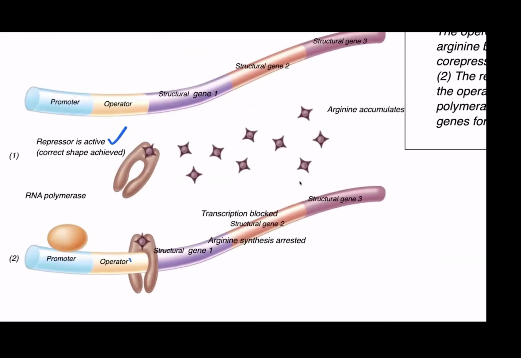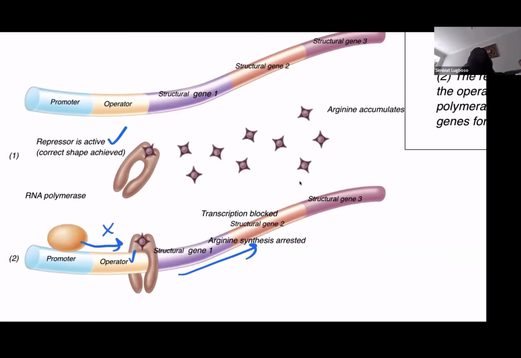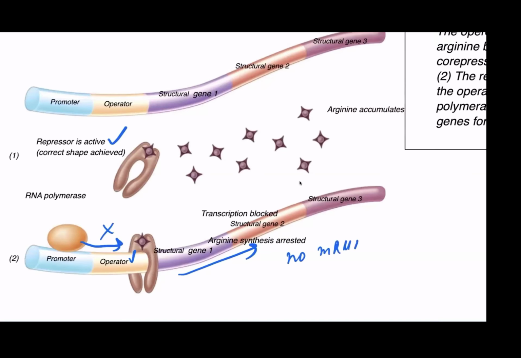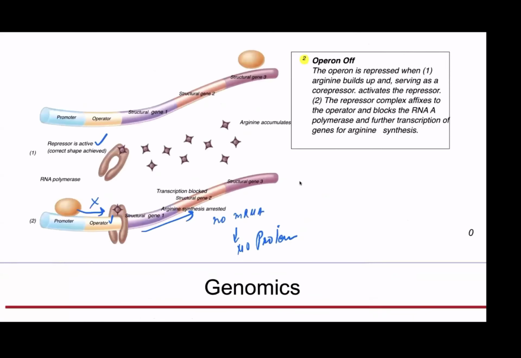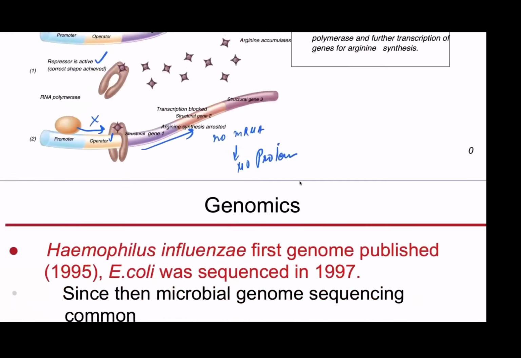It can bind to the operator, and further this RNA polymerase cannot go, and there is no mRNA, no protein. So these are two ways that your operons can be in on mode or off mode.